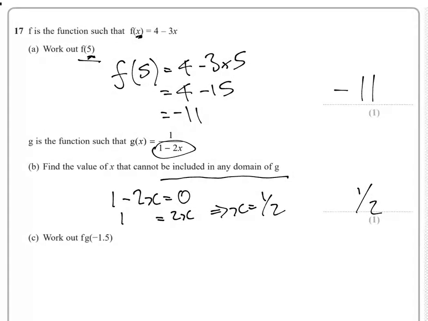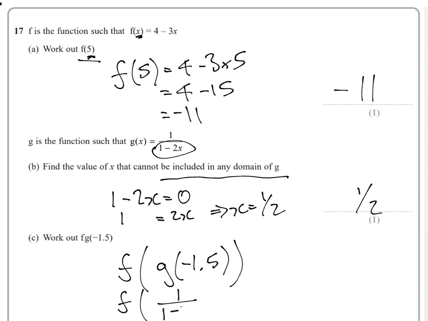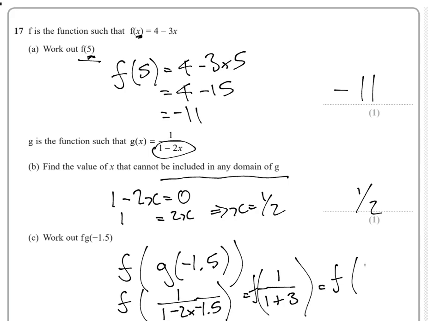Then it says work out f of g of 1.5. So that means g of this is 1 over 1 minus 2 times 1.5, which is 1 over 1 plus 3, is 1 over 4, so f of g is f of a quarter.